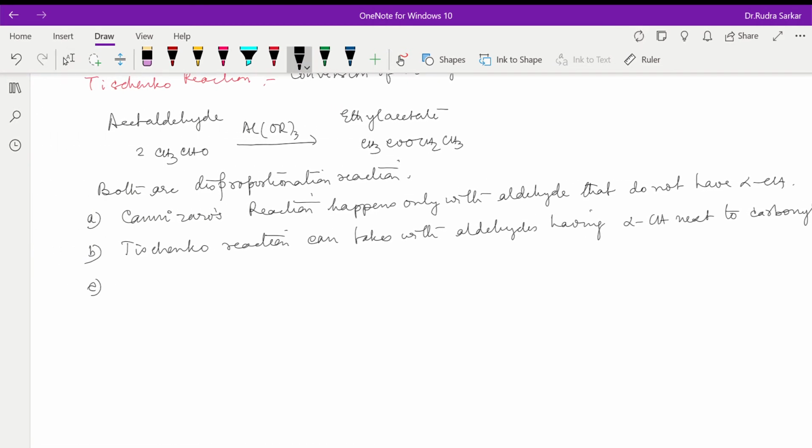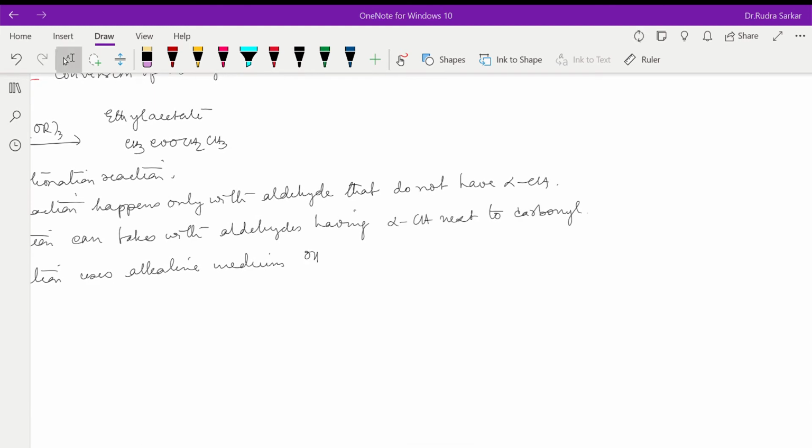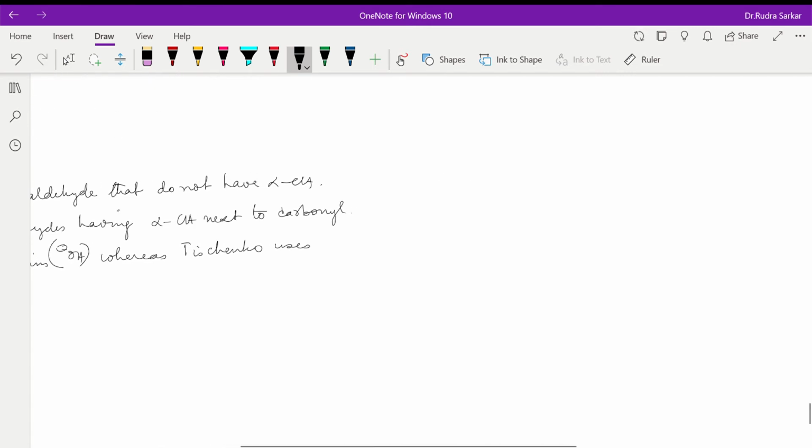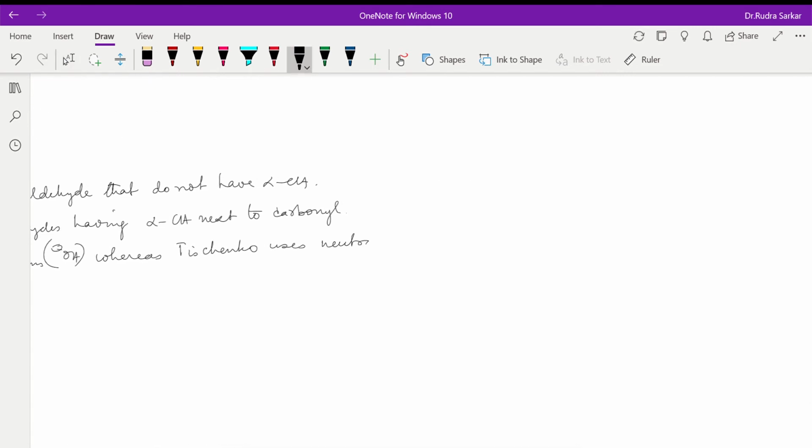Point C. Cannizzaro reaction uses alkaline medium, whereas Tishchenko uses neutral medium.